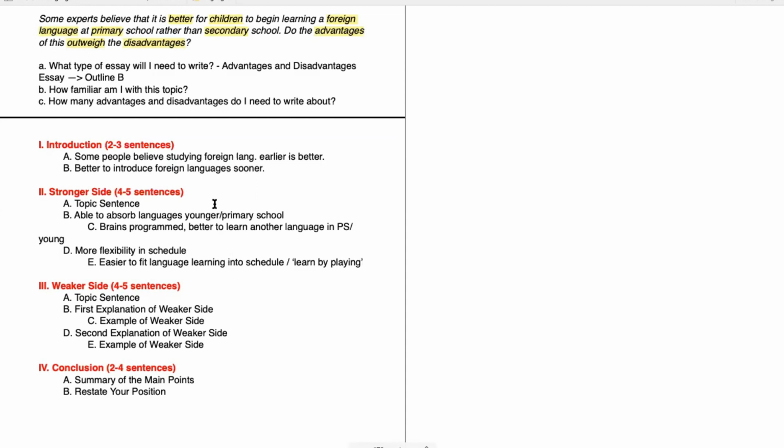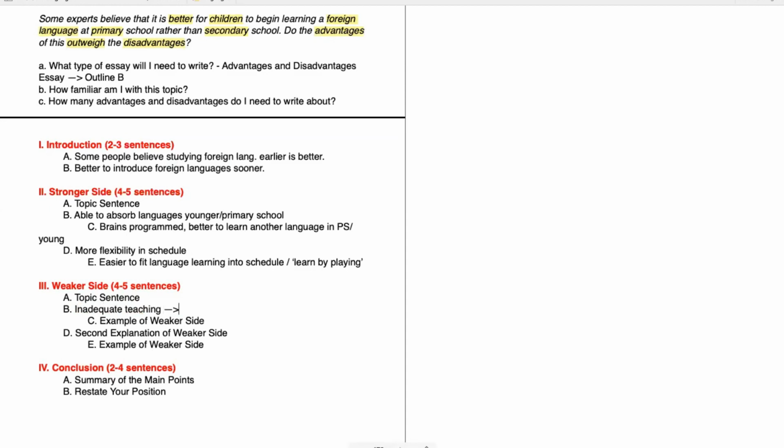Your outline might look a bit different, and that's fine as long as you support your advantages and you show how they outweigh the weaker side, you will be fine. So now for the weaker side, for my disadvantages, I'm going to call upon the first explanation of perhaps inadequate teaching.